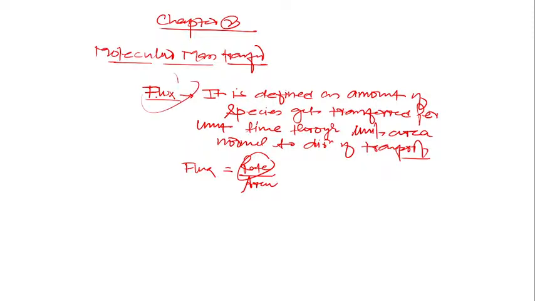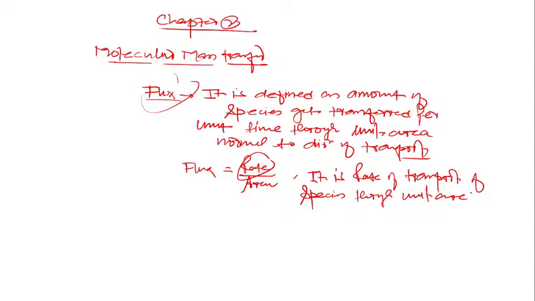You can also define it as the rate of transport of a species through unit area normal to the direction of flow, called flux. Clear?